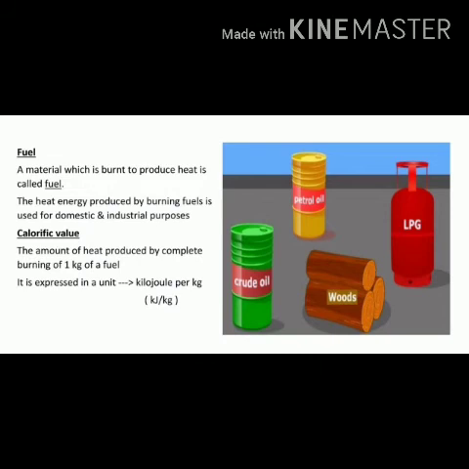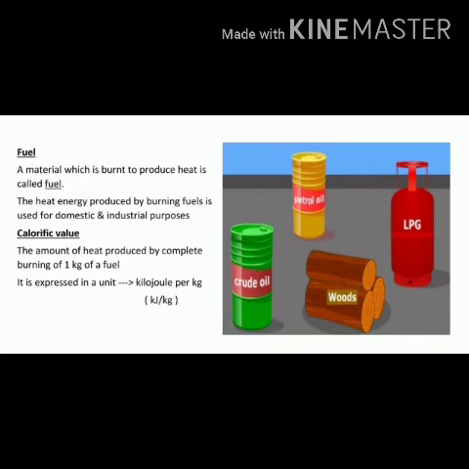But children, all fuels do not burn efficiently. Means on burning they do not produce the same amount of heat. Thus, the efficiency of fuel is expressed in terms of its calorific value. Calorific value means the heat value, how much heat that fuel will produce on burning.